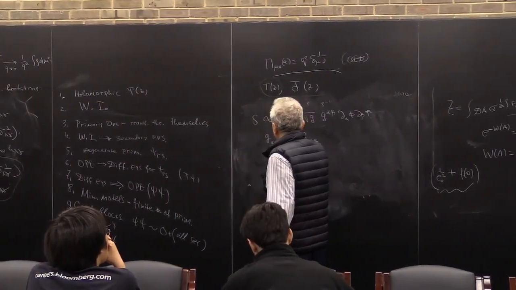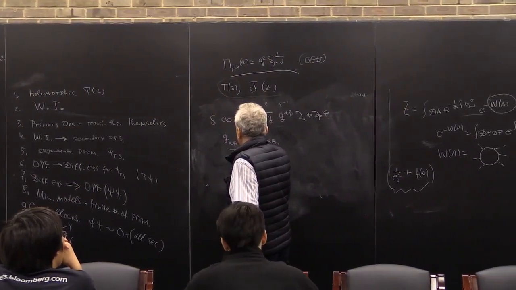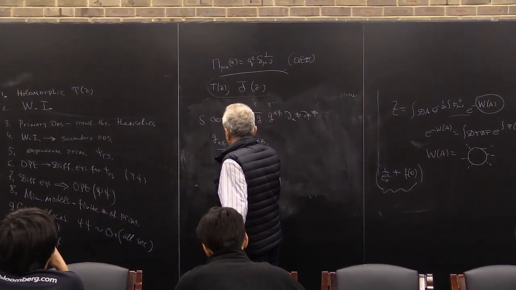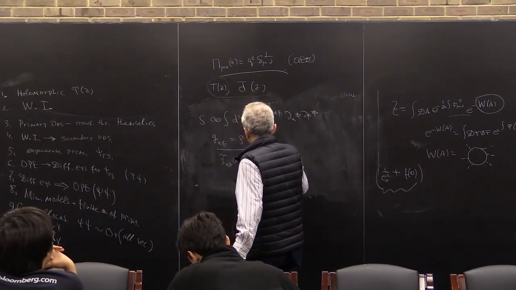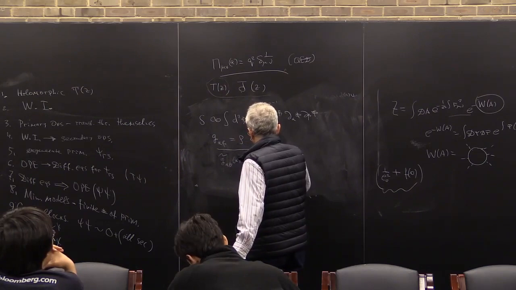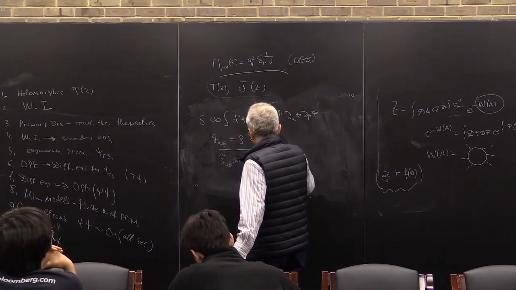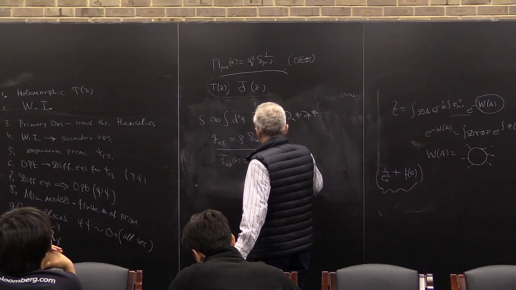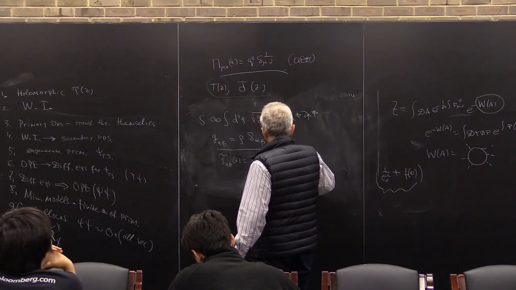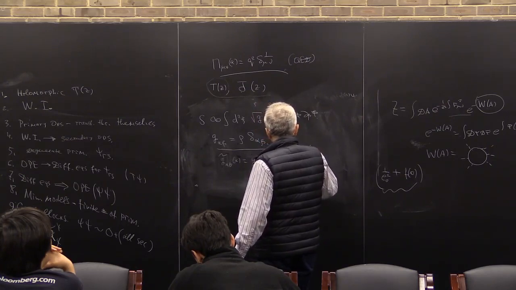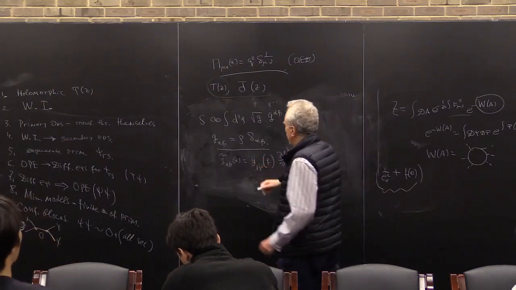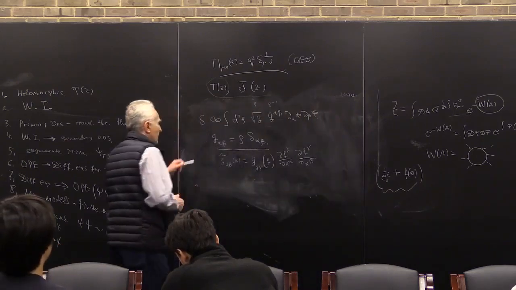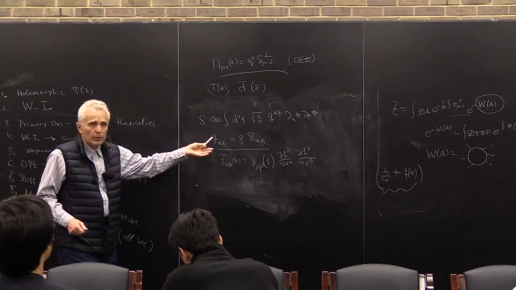Namely, more precisely, you can always find the gauge transformation such that the metric after the gauge transformation becomes conformally Euclidean. This is called conformally Euclidean.